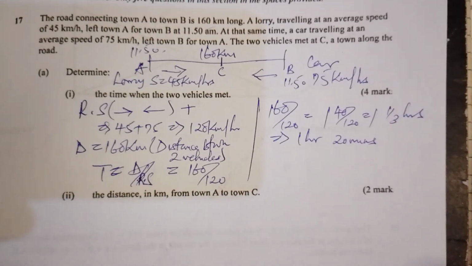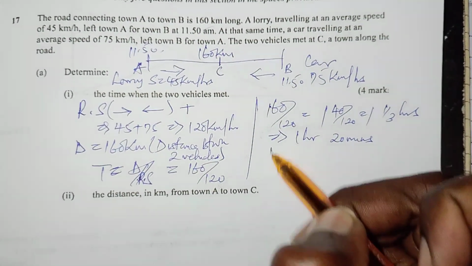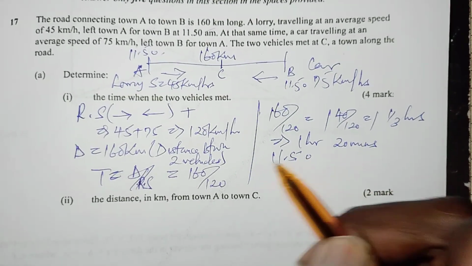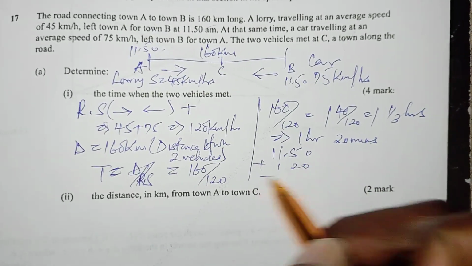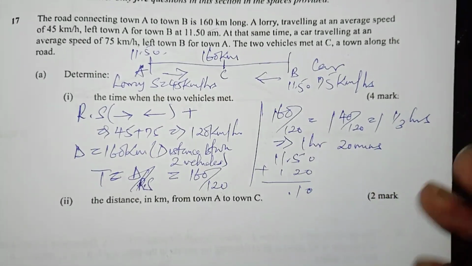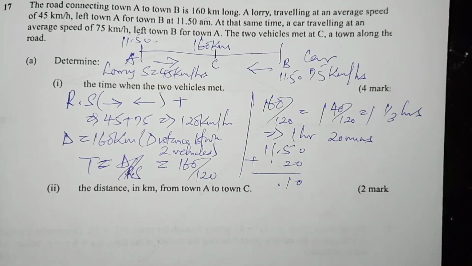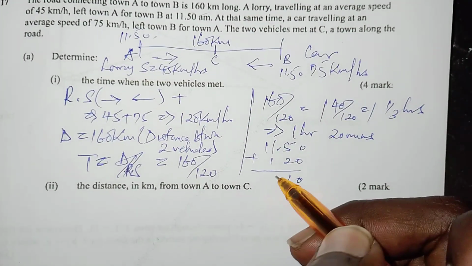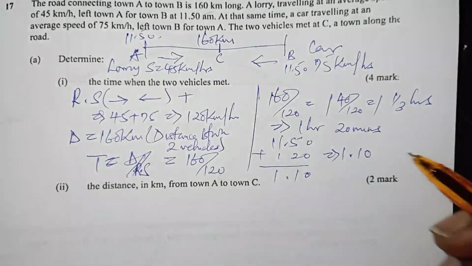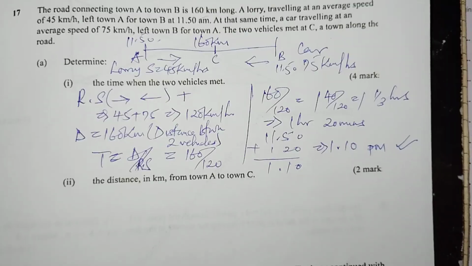So the time at which the two vehicles met, so the journey started at 11:50. So plus 1 hour 20 minutes. So this will be 10 carry 1 hour. So it was at 1:10 p.m. They met at 1:10 p.m.